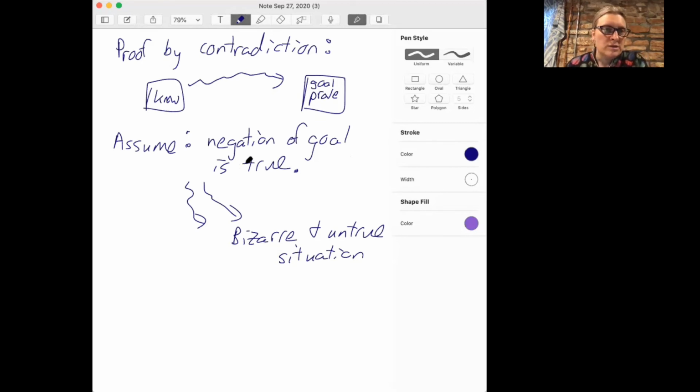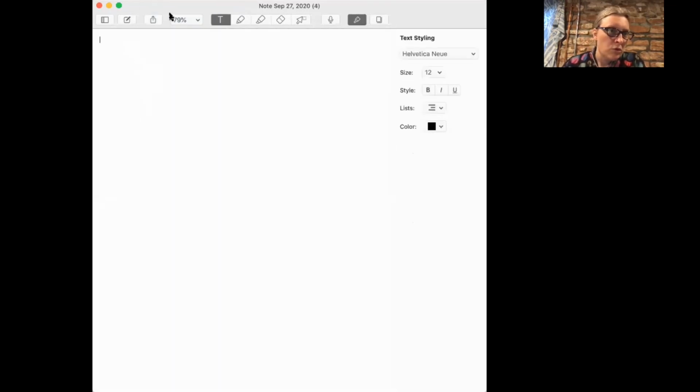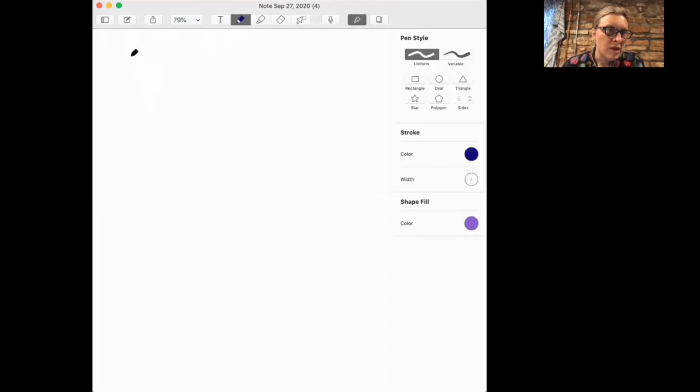Okay, so let's do an example of that. In this case, our goal is going to be to prove that the square root of 3 is not a fraction. And so we're going to assume the opposite.